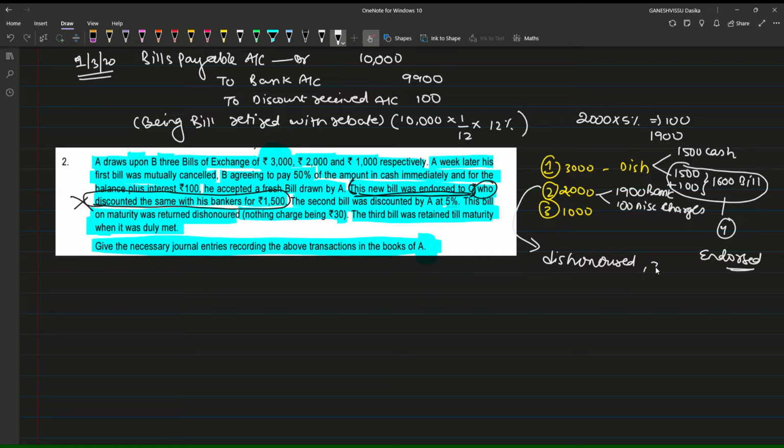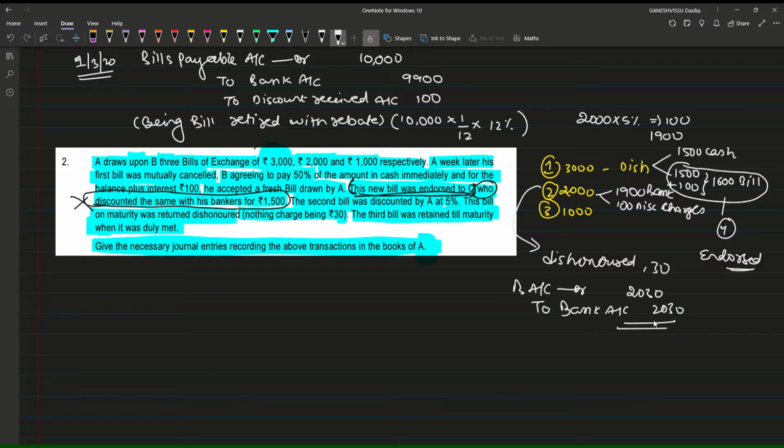Noting charges being ₹30 means the bank has charged extra charges. For that, what entry do we need to write? We need to debit B account to bank account. Not 1900, I suppose we need to make payment of 2030. This would be the entry for that.